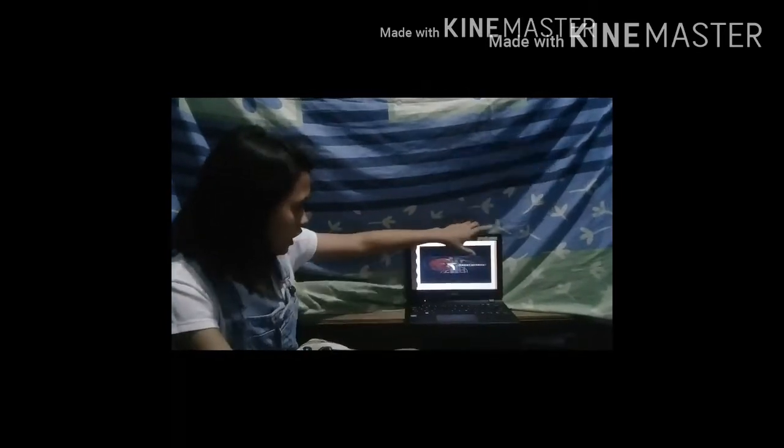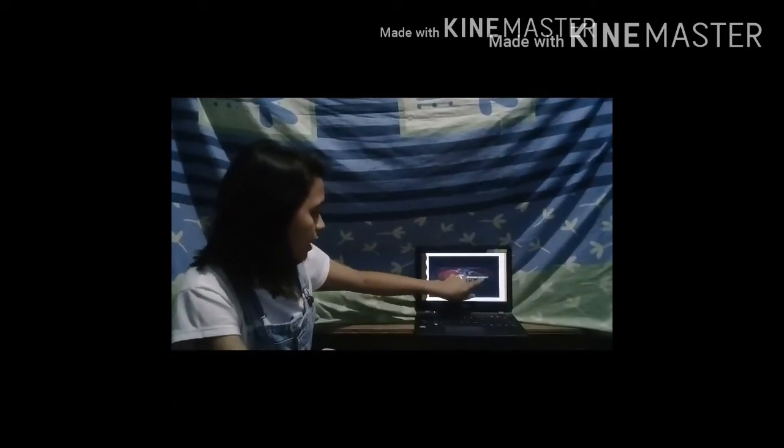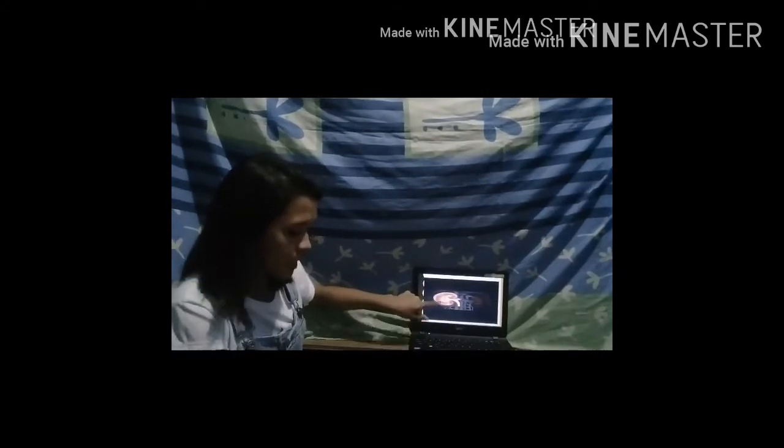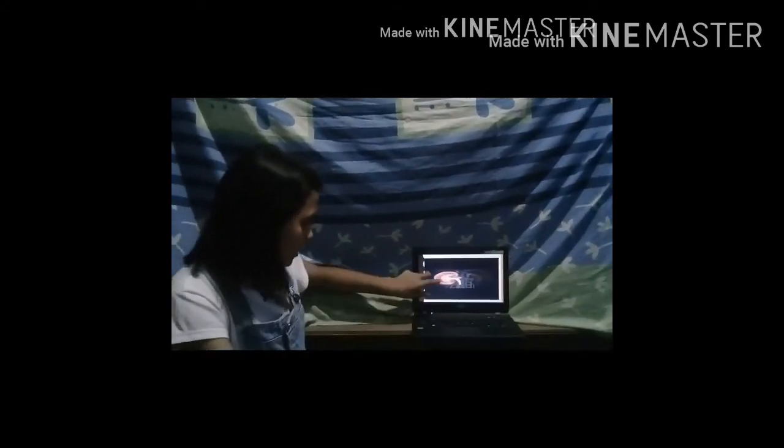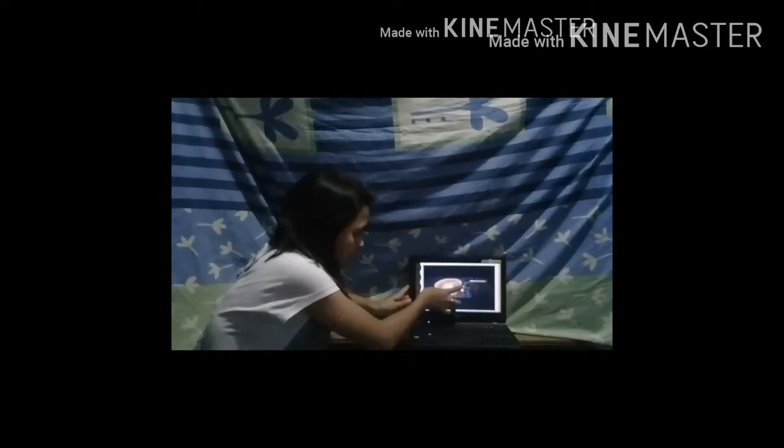As you can see, the renal artery carries oxygenated blood and the renal vein carries deoxygenated blood, and this is the ureter. Inside the kidney there are two zones: the cortex, this is the cortex, and the medulla, this is the medulla inside the cortex.